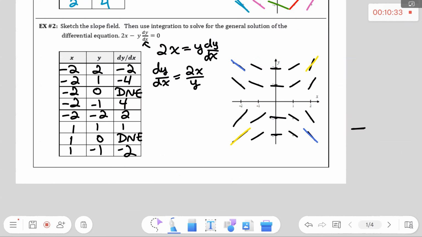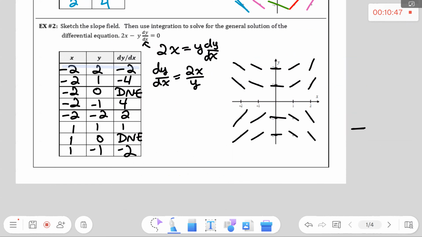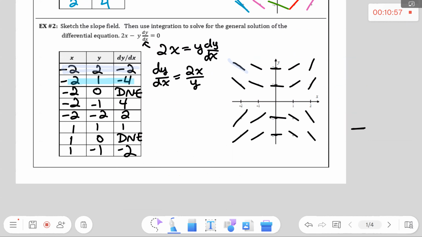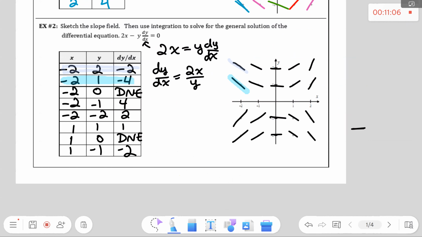I like the annotating for the graph. So the -2 is the position. That one is that one. I'm just going to start picking random colors now.